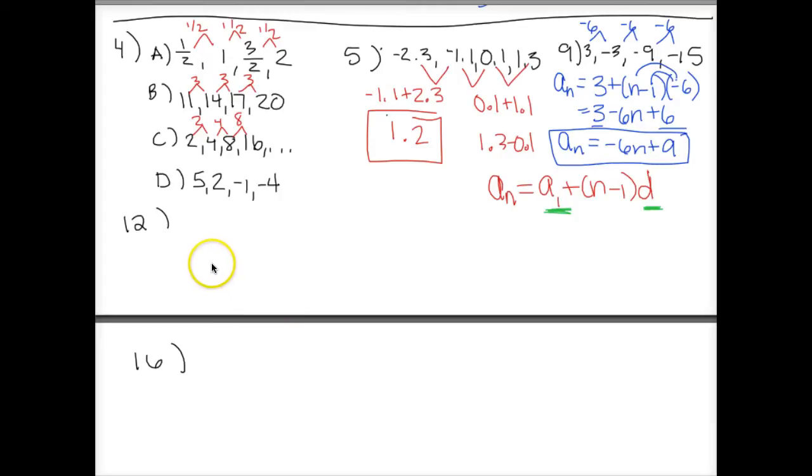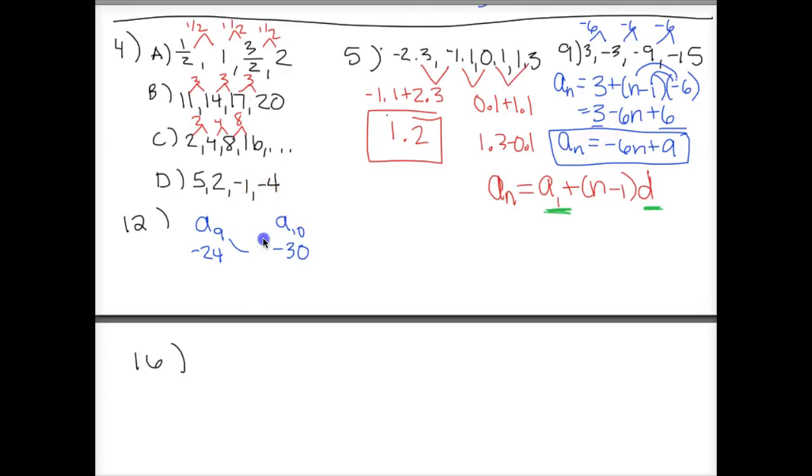Number 12 gives me the 9th and 10th terms of an arithmetic sequence. Now, this is a lot easier than some of the ones that we did. These are the ones where we drew the picture, and so we did a sub 9, and I wrote underneath negative 24 and then negative 30 underneath here.